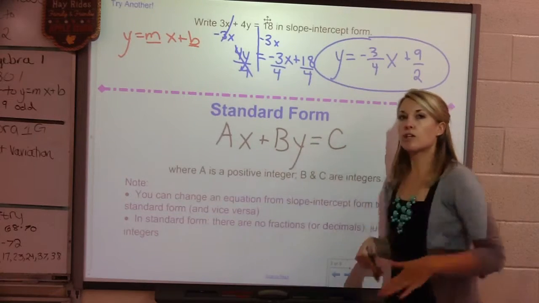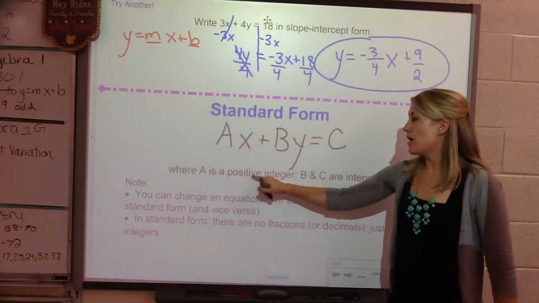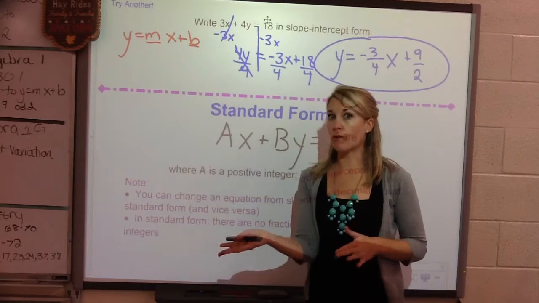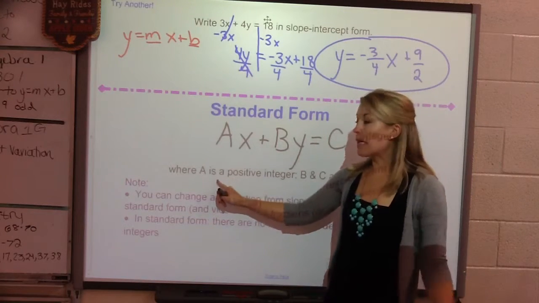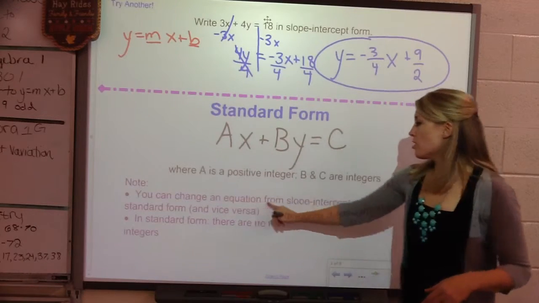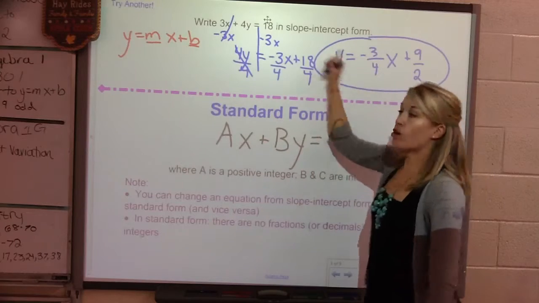A, B, and C don't really represent anything. They are just integers, which means whole numbers. They will only be whole numbers and they're negatives. A is usually positive. You can change an equation from slope-intercept to standard form, and I can go back and forth.